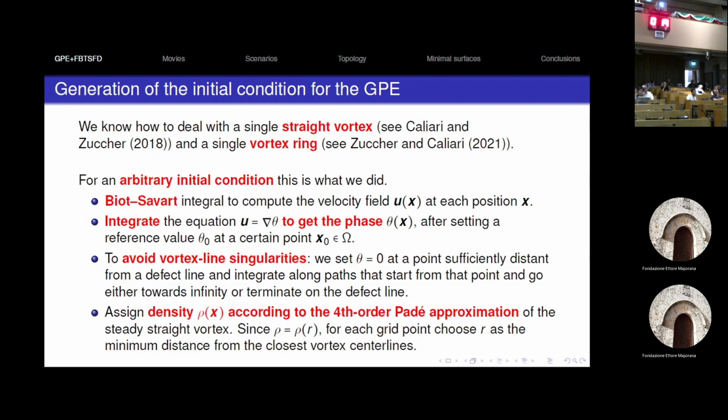So you set, for instance, the phase 0 somewhere in the bulk of the domain. And then from there, you integrate, making sure to stay away from vortex defects, because then you have to end your integration either on the vortex defects or at infinity. And then we assign the density according to the fourth order Padé approximation of a straight vortex.